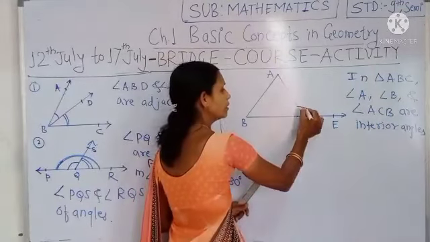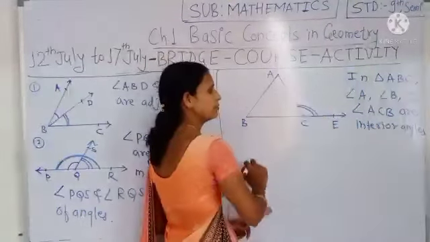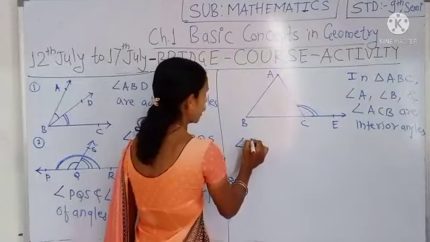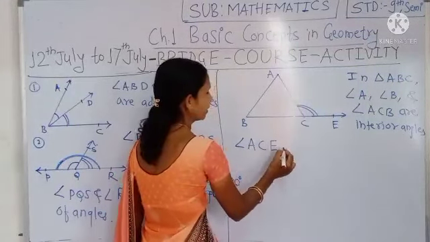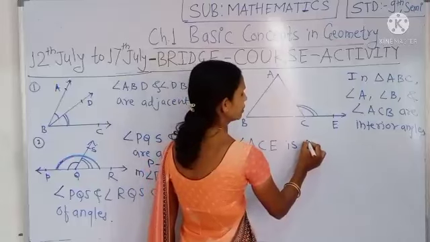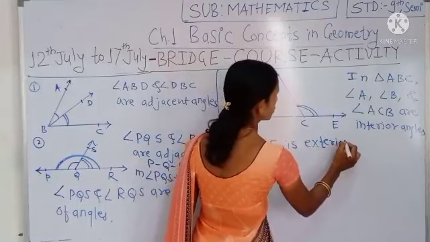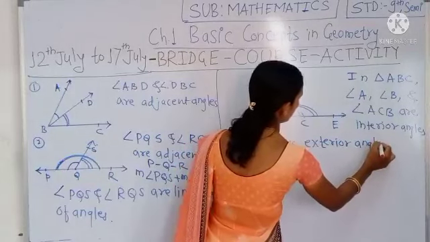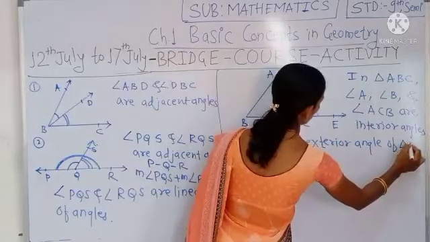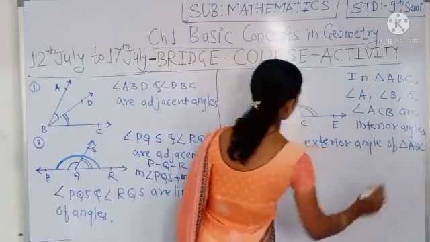One more angle, see here, that is angle ACE, is the exterior angle or external angle of triangle ABC.